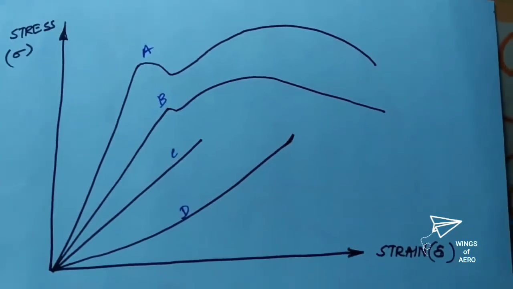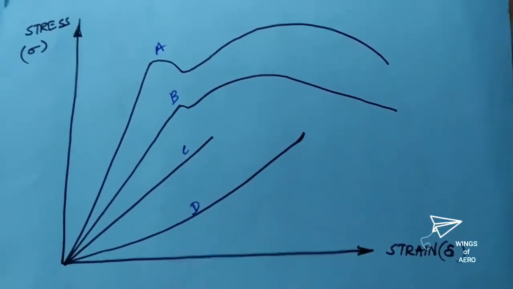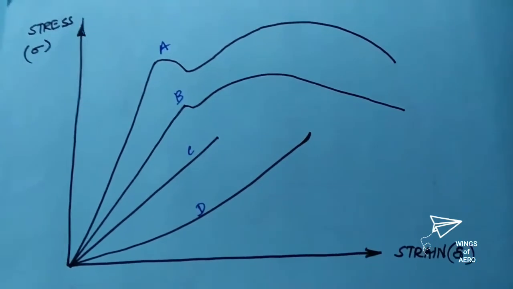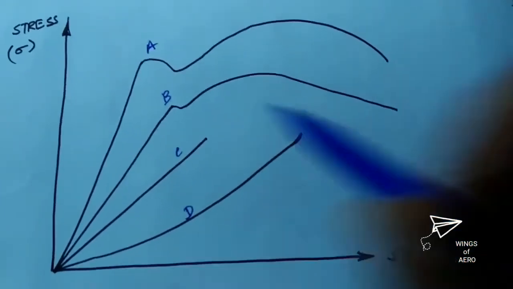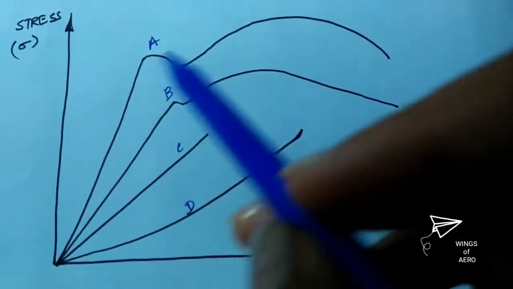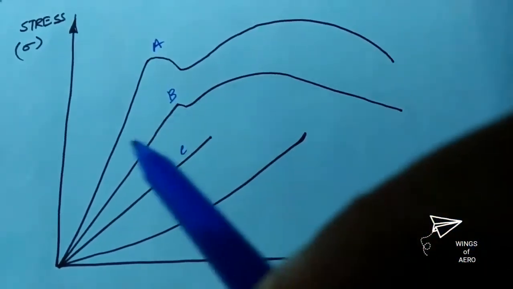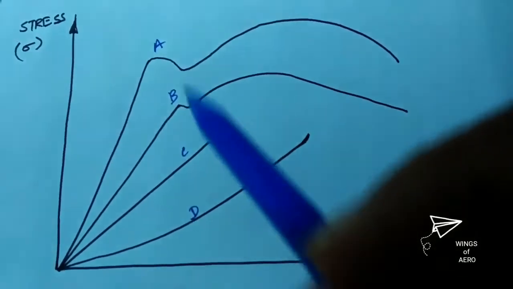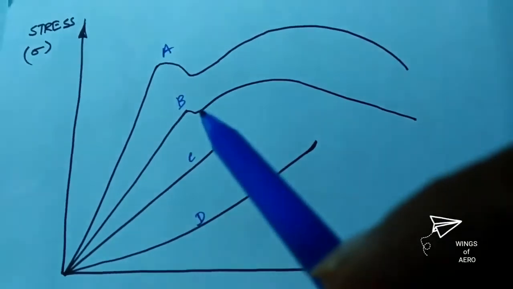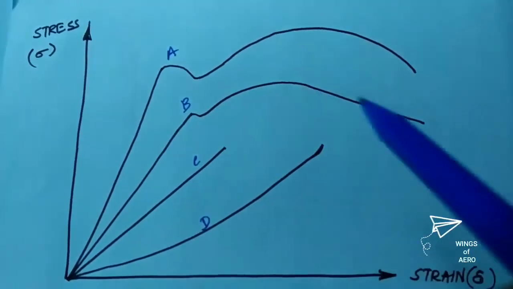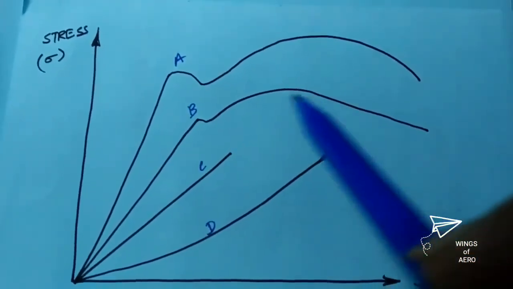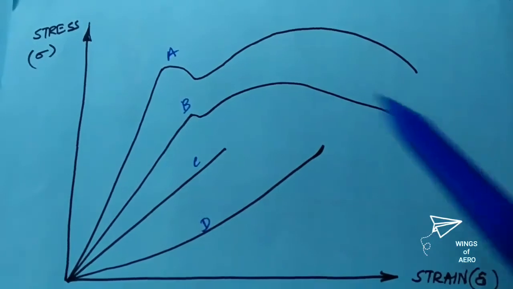Here a few different kinds of curves are shown. There is another A, B, C, D. Compared to the previous one, this A1 shows the property of mild steel, and for B1, see the difference between A and B: the yield point is very low, and the ultimate point is also very narrow.